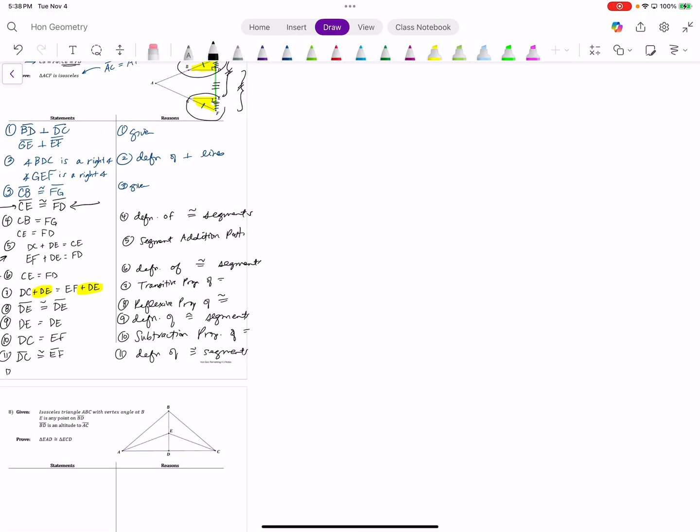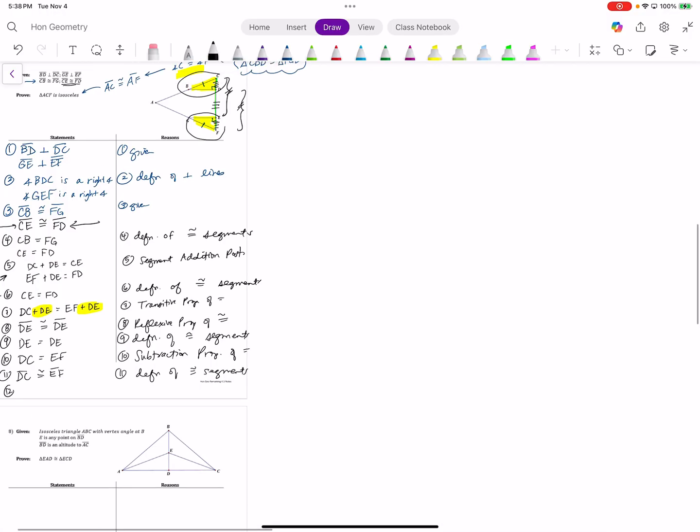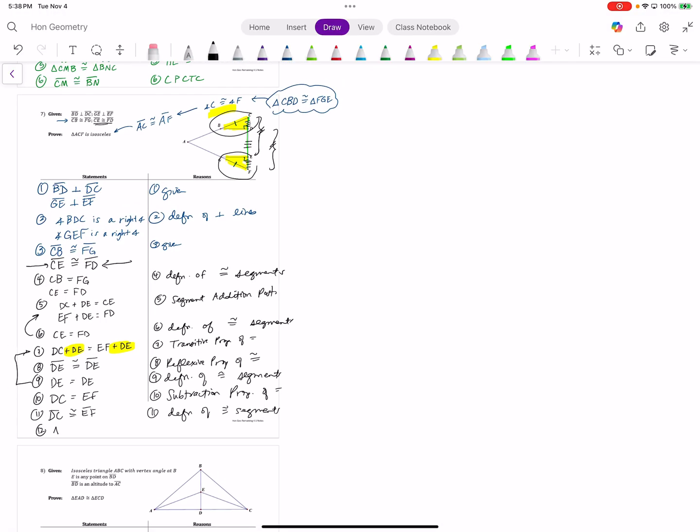Okay. But have I said I got a right triangle? I have not. So I've got to say that triangle CBD and triangle FGE are right triangles, because of the definition of a right triangle.